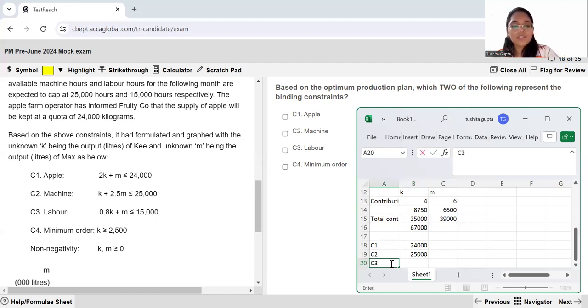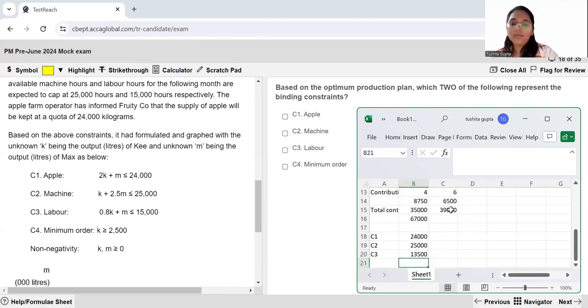Then let's talk about C3. C3 is 0.8K plus M over here, which is 13,500, and the maximum that you have allowed is 15,000. So you're way below that. So this is not a binding constraint.